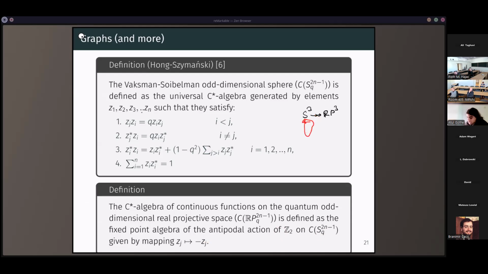So on the C star algebra level, when we define the C star algebra corresponding to a quantum real projective space, we want something which embeds RP3 inside C of S3, some quantum version. So to define this, we define C of RP_q^{2n-1} as the fixed point subalgebra of C of S_q^{2n-1} under the antipodal action which identifies Zj with minus Zj.